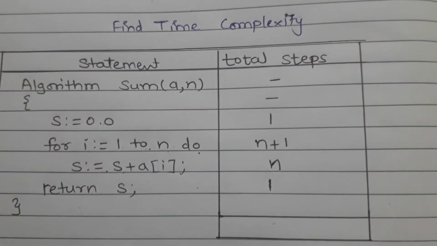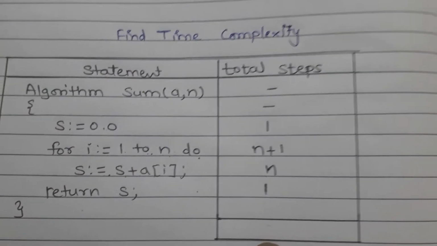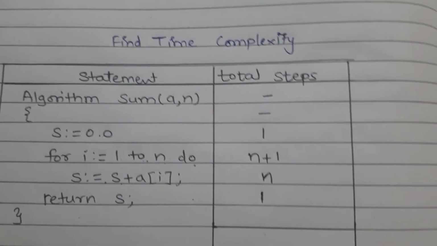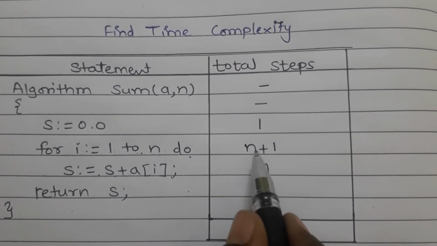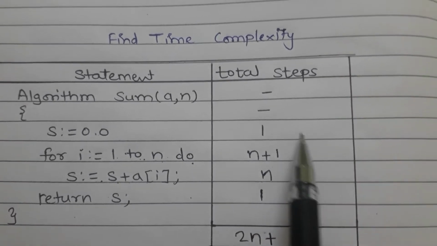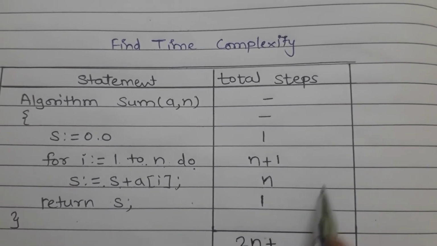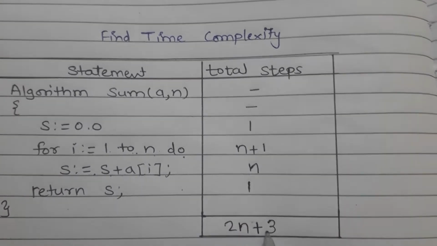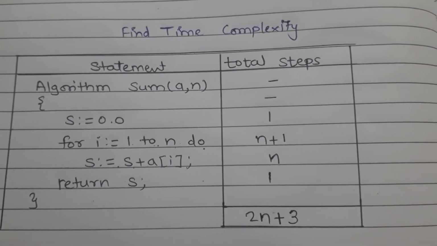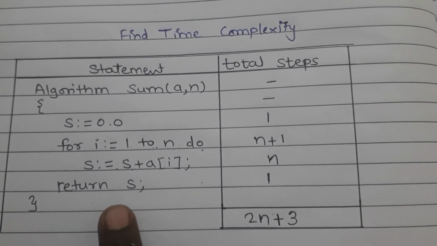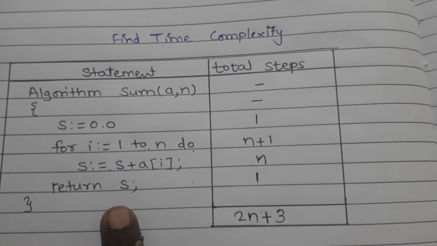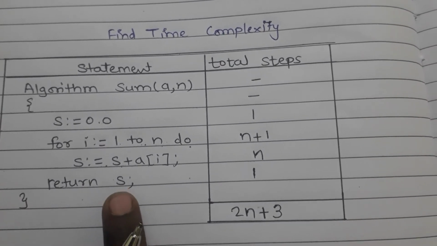Now we will compute the total steps required to execute this code. Here there are n plus n, that is 2n, plus 1, 2, 3. So 2n plus 3 steps are required to execute this code. Now we will find the time complexity for this code.